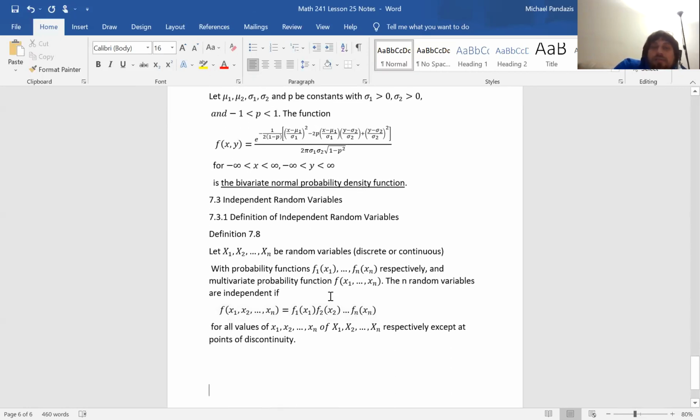Okay, so they're independent if this equation holds, if you can express this function as a product of these.